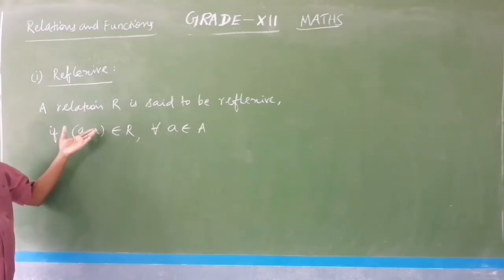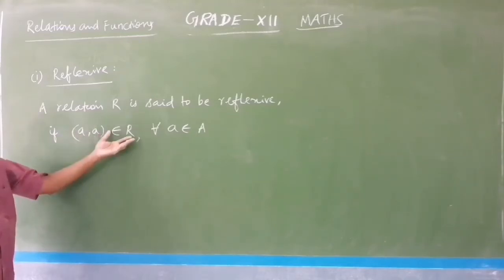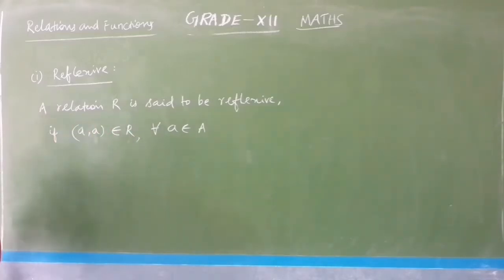Such ordered pairs should be elements of R. Therefore, that relation is said to be reflexive.